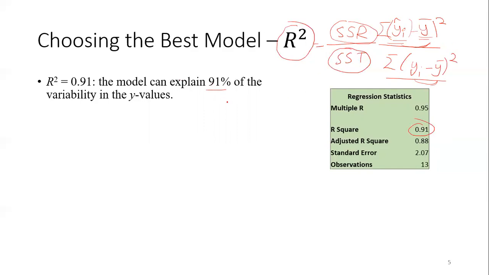So since R square is 91%, we say that the model can explain 91% of the variability in the Y values. Okay, so 91% is explained by the model.